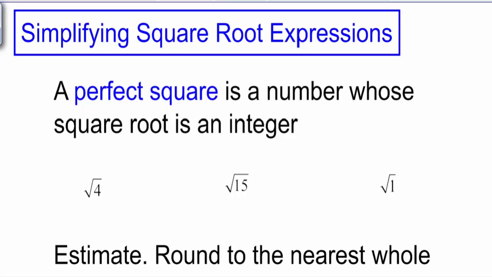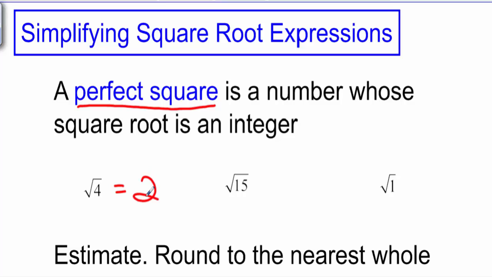So when I am simplifying these square root expressions, I have certain numbers here that we saw earlier. They're called perfect squares. And these are numbers whose square root is an integer. That's the definition of a perfect square. So for instance, 4 would be a perfect square because I get an integer as my answer for the square root of 4.